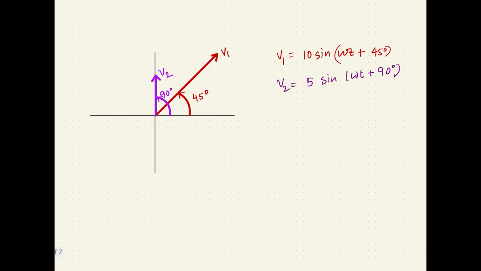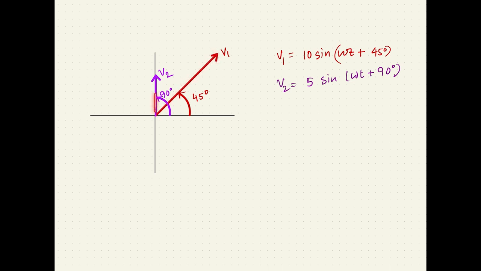Now let's take two examples. V1 equals 10 sine omega t plus 45 and V2 equals 5 sine omega t plus 90. So the angular velocities of the sinusoids are the same. Since there are two sinusoids, we need two phasors to represent each one of them. Here V1 has a length of 10 and its initial phase is 45 degrees, so it will be represented by this red phasor.